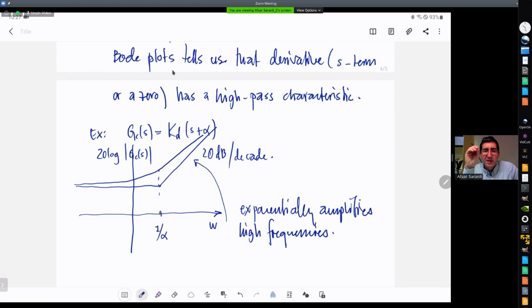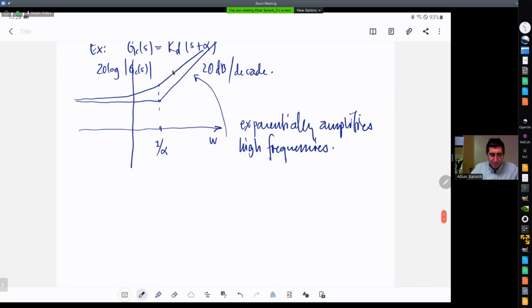And when you take the derivative of e of t, any high frequency noise in e of t will get exponentially amplified. Okay, so any small amount of noise will become a very large amount of noise.